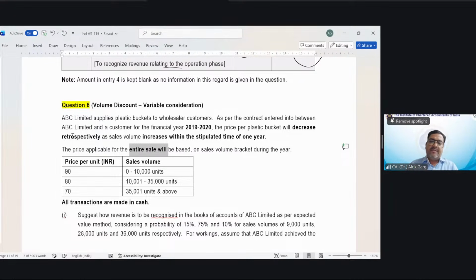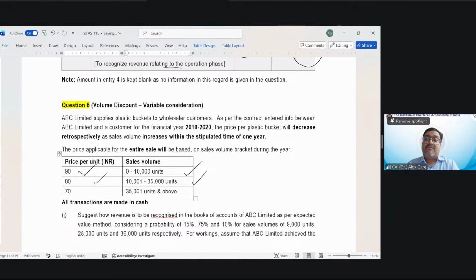Price per unit is 90 if the volume is up to 10,000 units. If the customer purchases more than 10,000 units and up to 35,000 units, the applicable price for the entire sale will be 80 rupees.